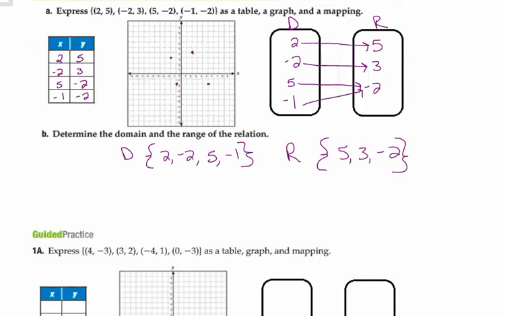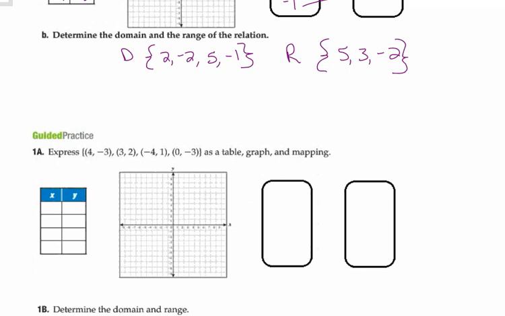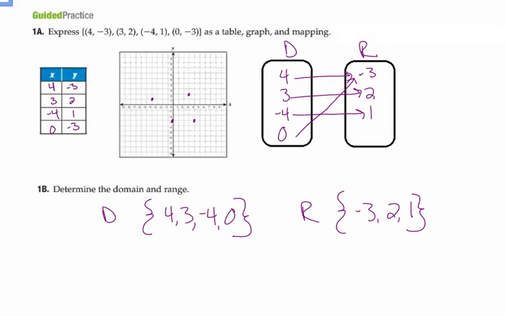Okay, go ahead and look at those actually 4 different ways to represent a relation on guided practice 1. Okay, this is what it looks like. And to reiterate why we have different ways to represent these relations, graphs are a quick way. Maybe we can see that there's a pattern going on.